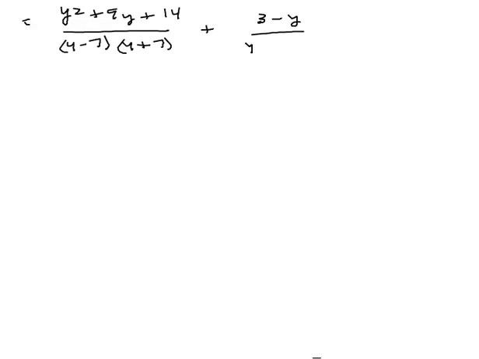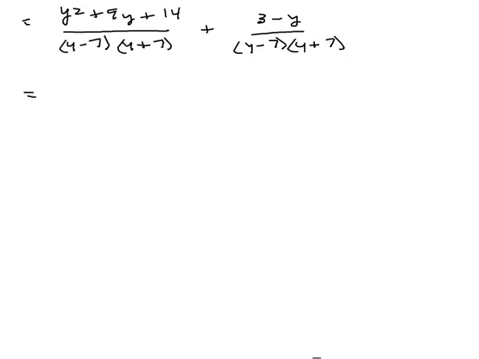Combining like terms on the left side, this is equal to (y² + 9y + 14)/((y − 7)(y + 7)) plus (3 − y)/((y − 7)(y + 7)).